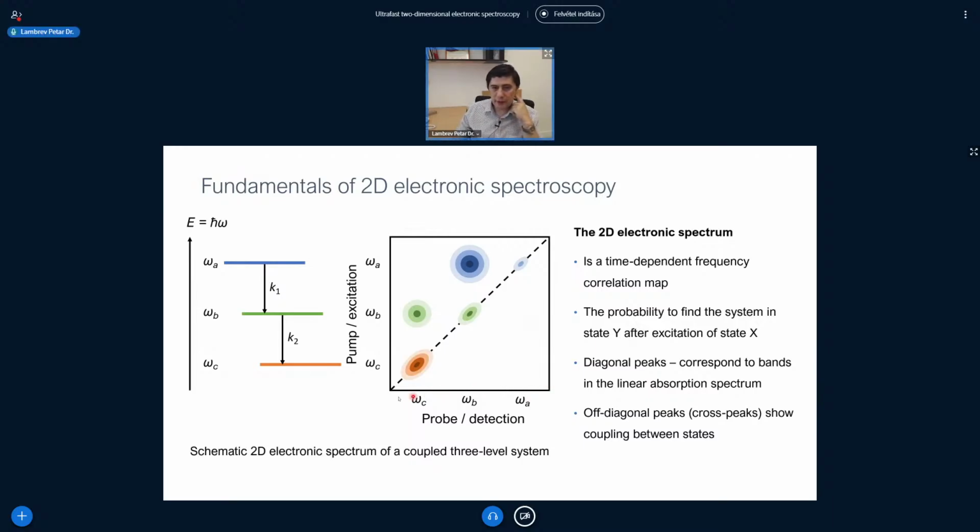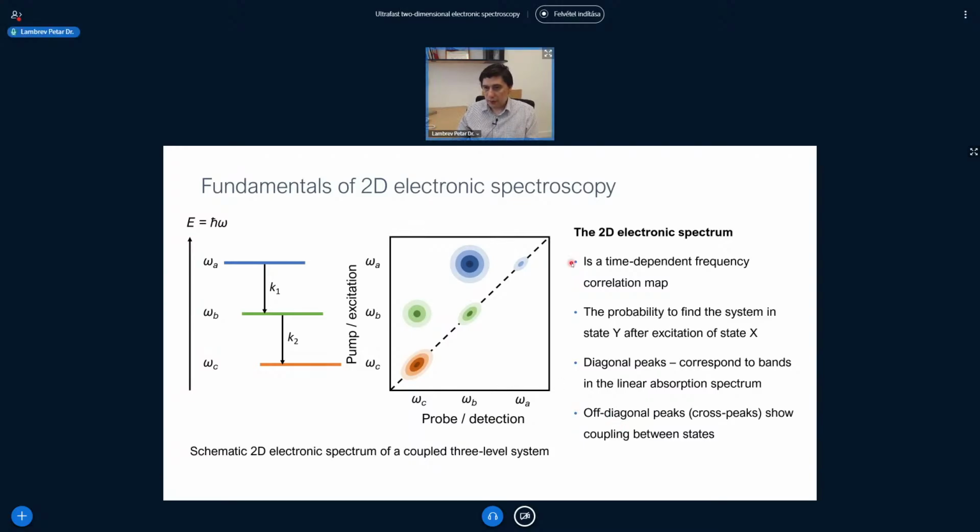So in other words, a two-dimensional spectrum is a frequency-frequency correlation map that correlates our pump and our probe frequency. And like in other two-dimensional spectroscopies, like in NMR, for example, if we have cross peaks, then we know that two frequencies are coupled, or we know that two energy states of our molecular system are interacting or coupled with each other.